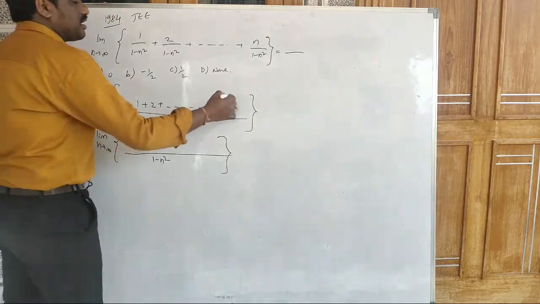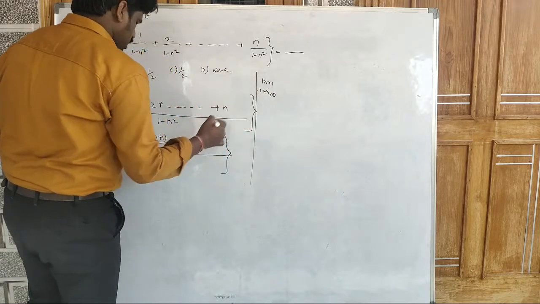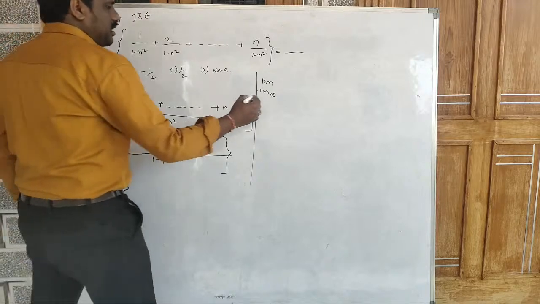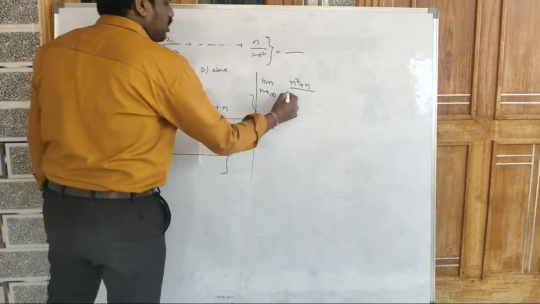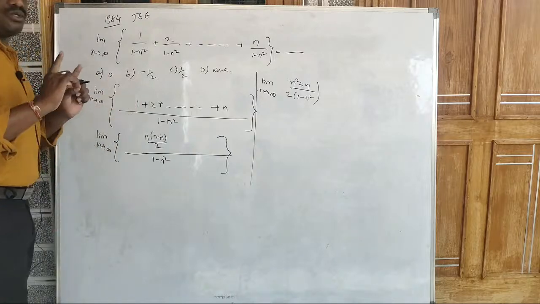So what I am getting here, limit n tending to infinity, I get n square plus n divided by 2 into 1 minus n square. See, I told you no need to solve such questions.